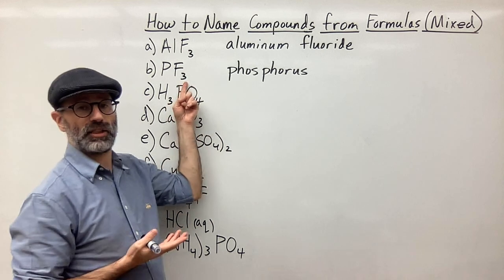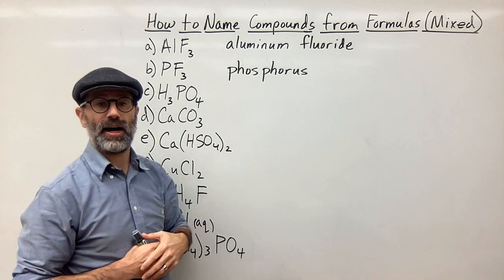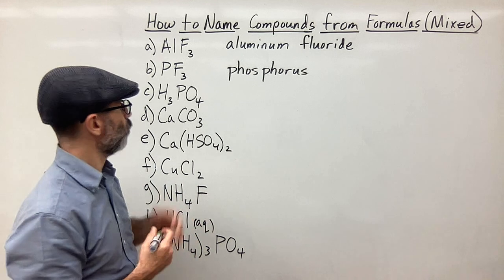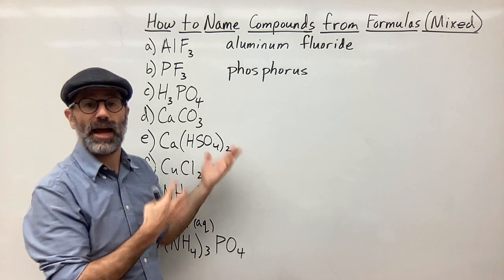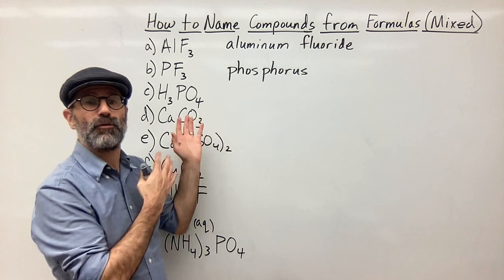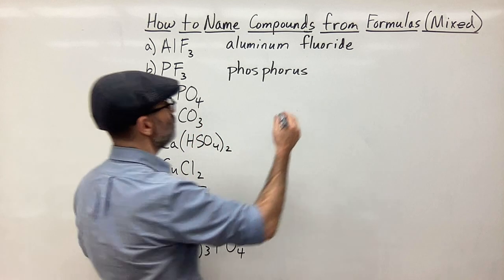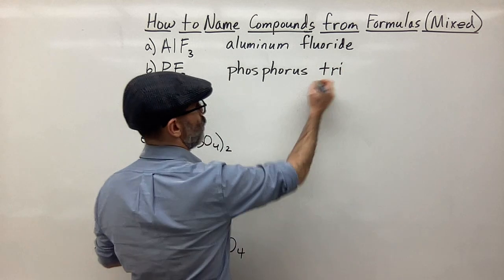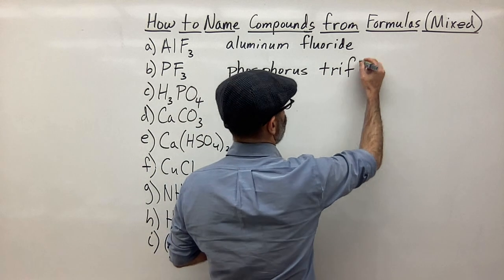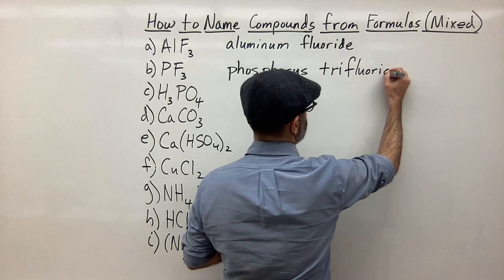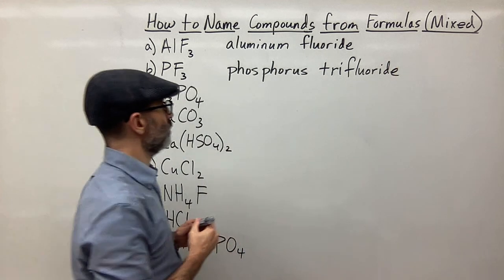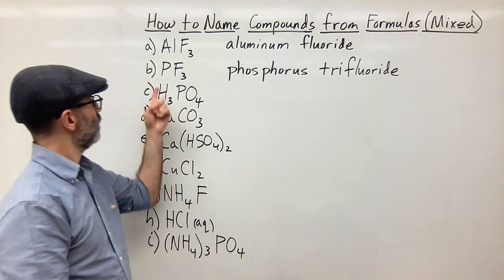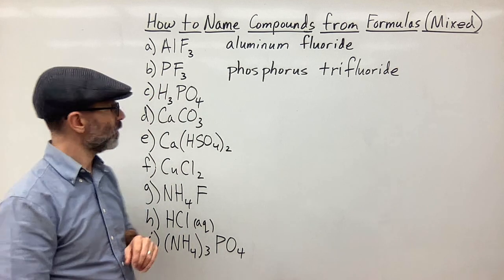Here, there's no balancing of charge, so we have to identify how many fluorines we have in our molecule. So we have tri for 3, that's our Greek prefix, and then we just add fluoride. So phosphorus trifluoride is the name of this substance here, PF3.